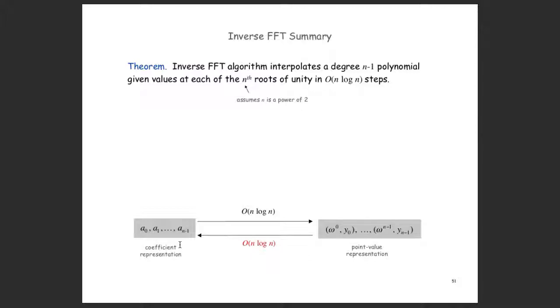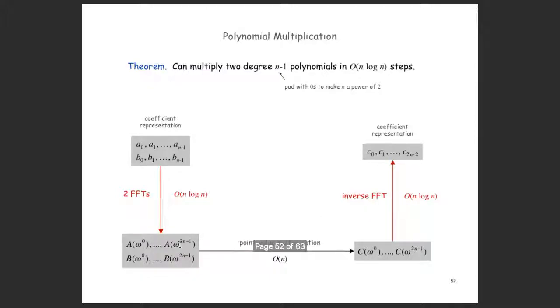And so I can go from one to the other in order of n log n, which means that I can now do either one of these faster.